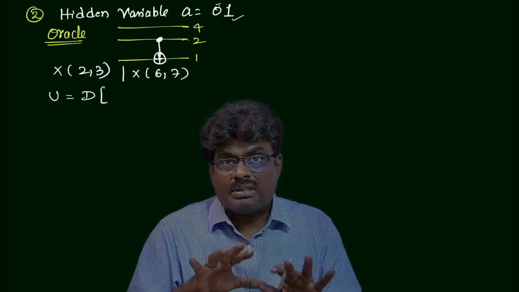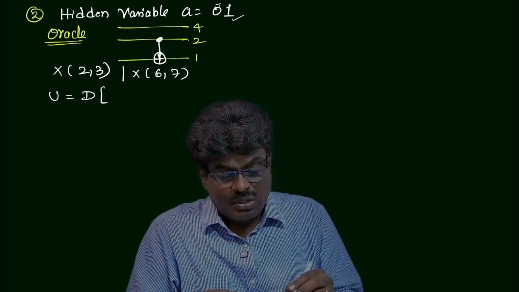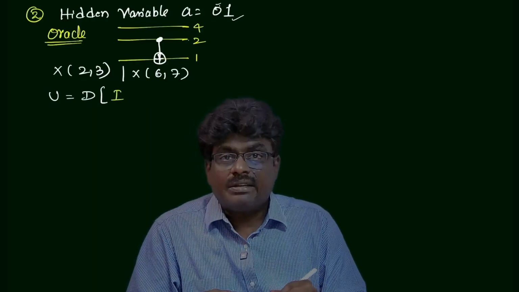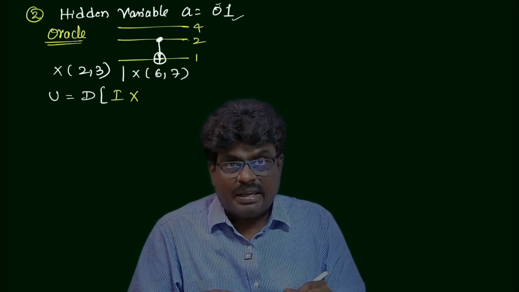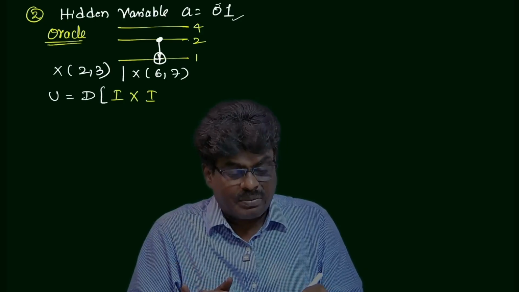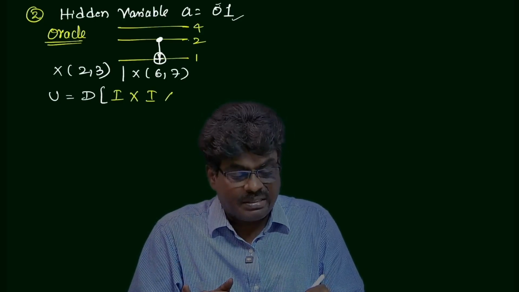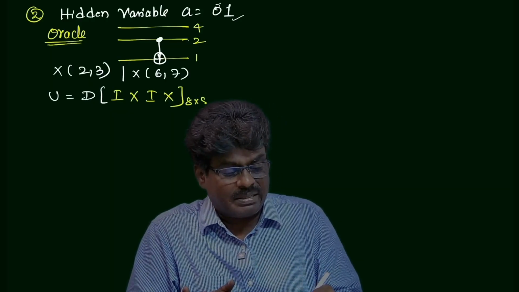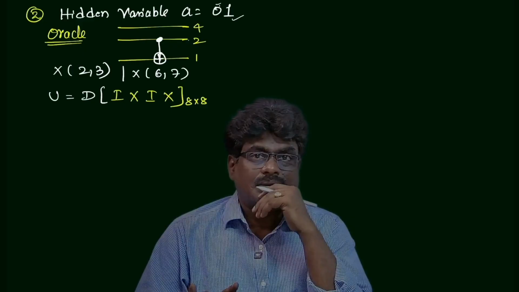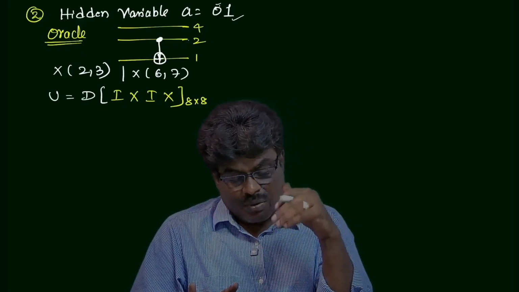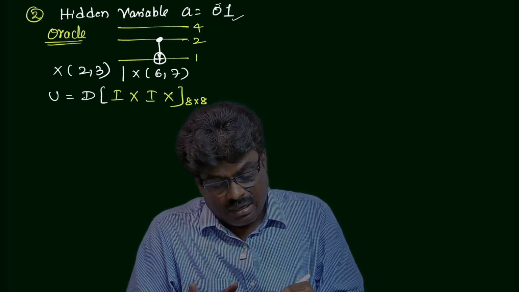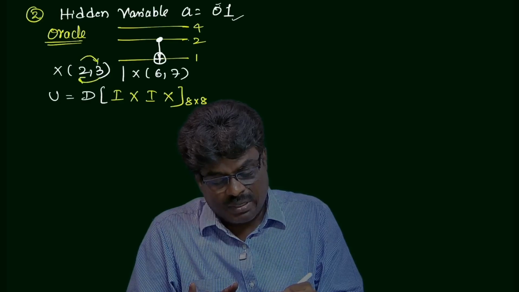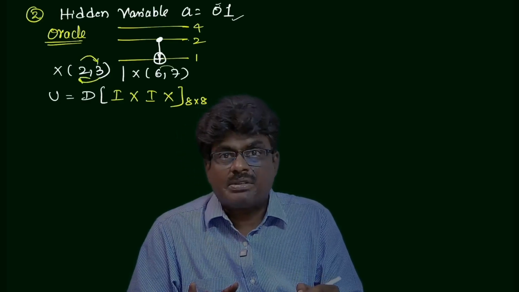This is the advantage of the decimal state notation. 2 3 is there, that's why x. 4 5 no, that's why identity. 6 7 is there, that's why x. So this is a matrix of order 8 by 8. Fine. So what will it do? It will flip, or change the phases of 2 and 3, and here also it will change the phases of 6 and 7.